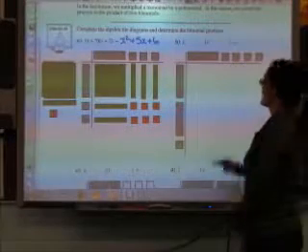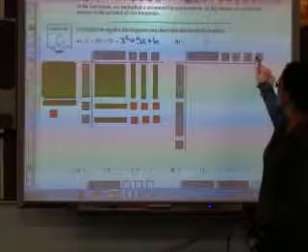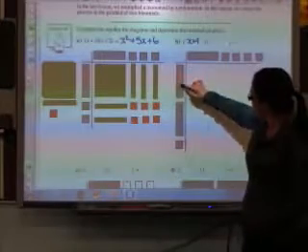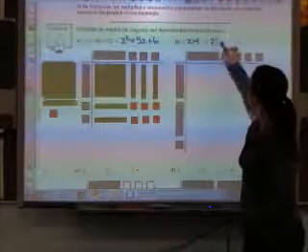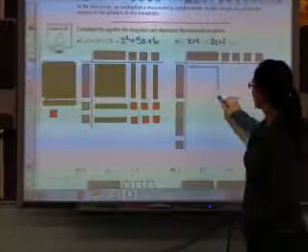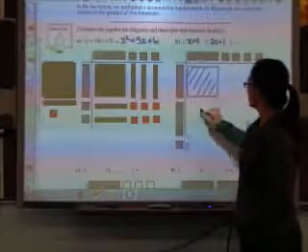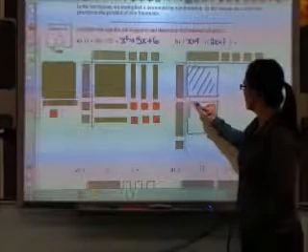So if I look at B, along the top I have x plus 4, and along the side I have 2 x's plus 1. So a rod and a rod gives me a square. That will be shaded. Another rod and a rod is another square.